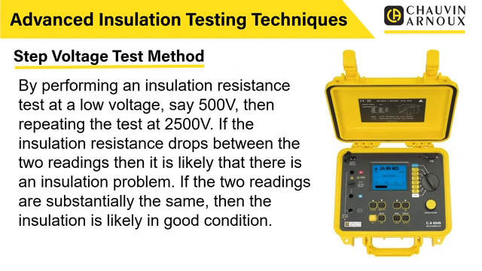So by performing an insulation resistance test at a low voltage, say 500 volts, and then repeating the test at 2500 volts, if the insulation resistance drops between the two readings, then it's likely that there is an insulation problem. If the two readings are substantially the same, then the insulation is likely to be in good condition.